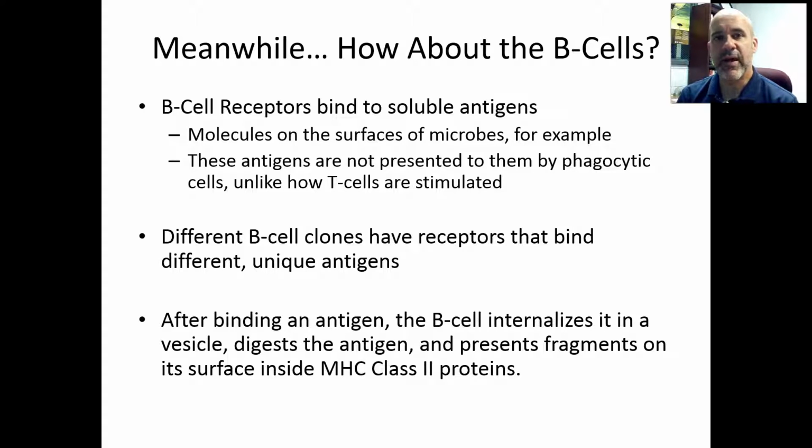And then we saw how the cytotoxic T cells have receptors that bind to antigen fragments that are cupped inside MHC class I proteins, and MHC class I proteins are present on essentially any cell in your body that has a nucleus. And that's a great thing because almost any cell in your body could be the target for some sort of virus or another intracellular pathogen.